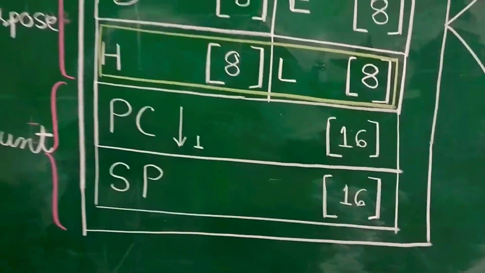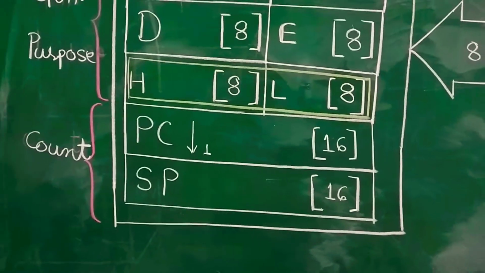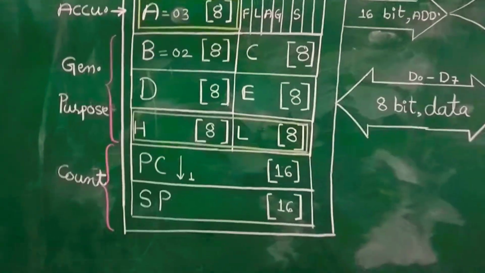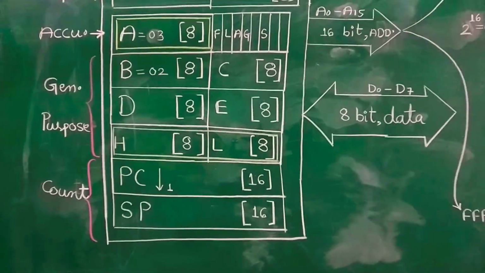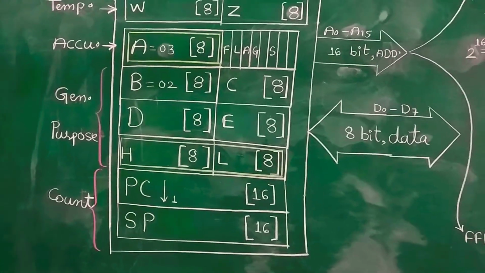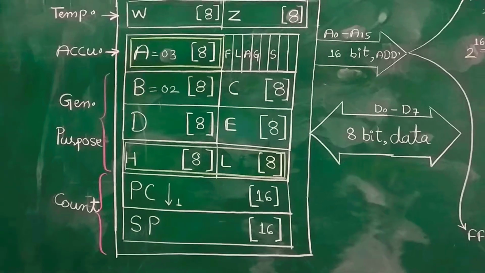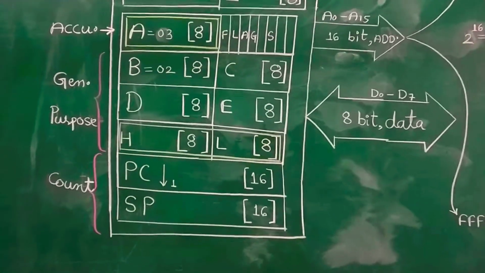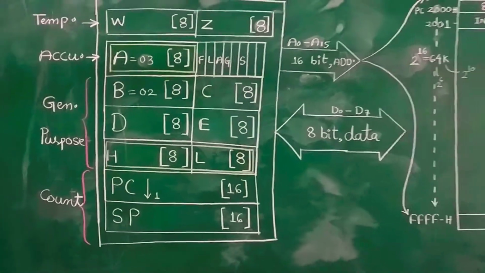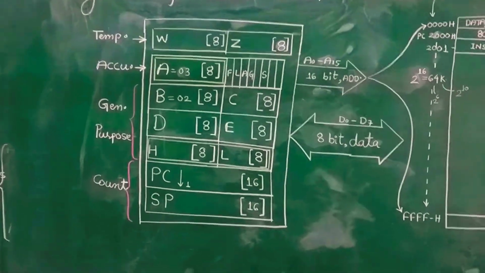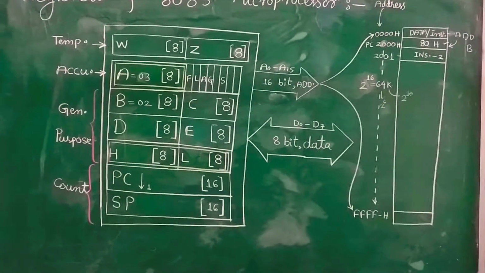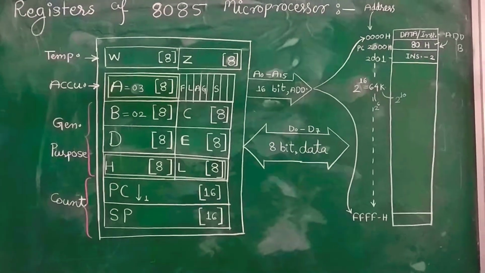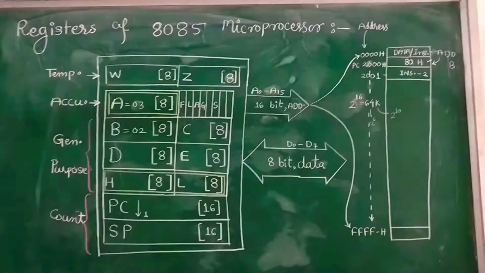That's why this register is a 16-bit register, because our address lines are also 16-bit. Address lines are A0 to A15. These address lines are to be decoded, and after decoding, a particular memory location will be pointed. At the memory location, we have instruction or data depending on the requirement of a particular program.